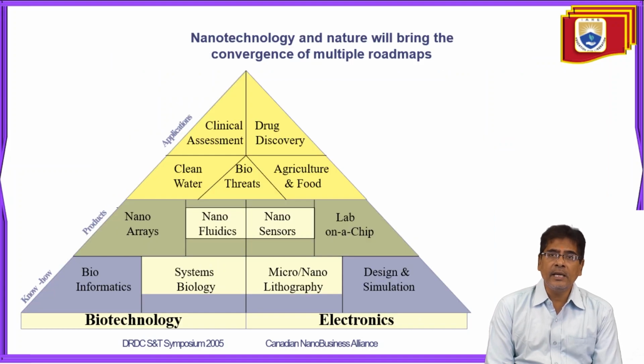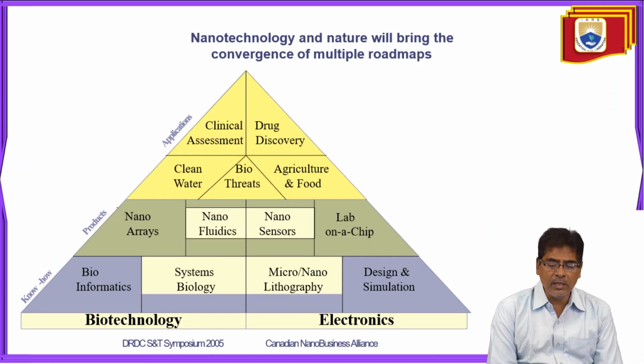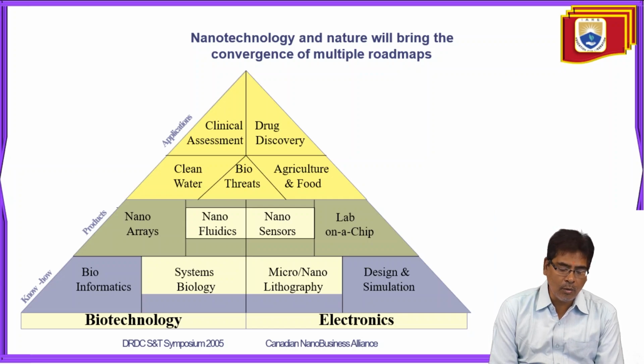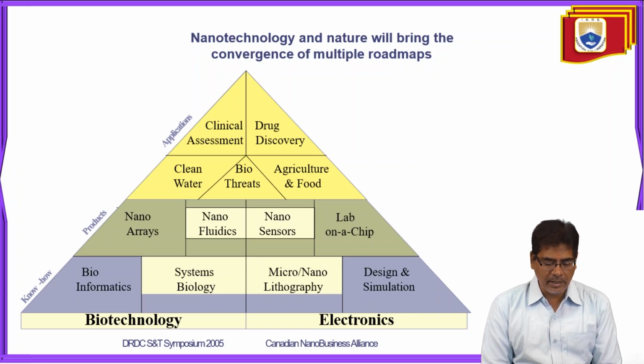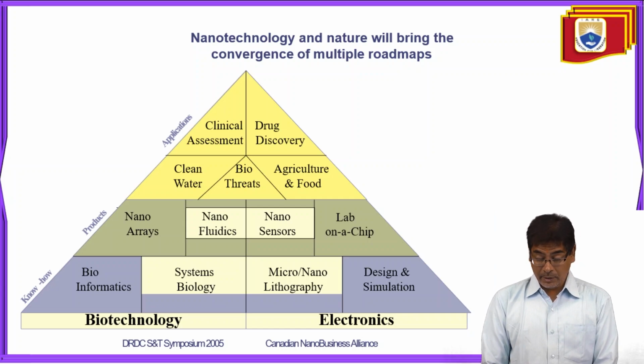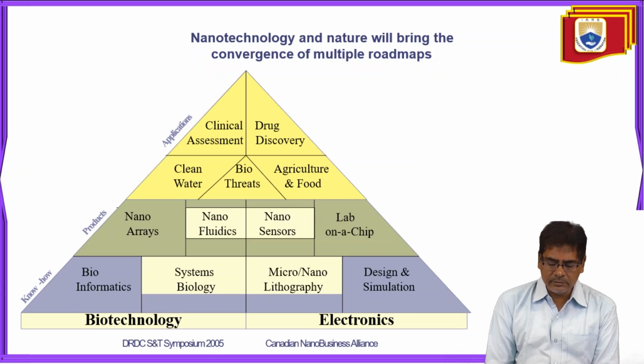So nanotechnology and nature will bring up the convergence of multiple roadmaps. So we have how they are made, the know-how, what the products are, and what the applications are. We have biotechnology and electronics. Biotechnology includes bioinformatics, systems biology, and electronics includes design and simulations, and micro or nano lithography.